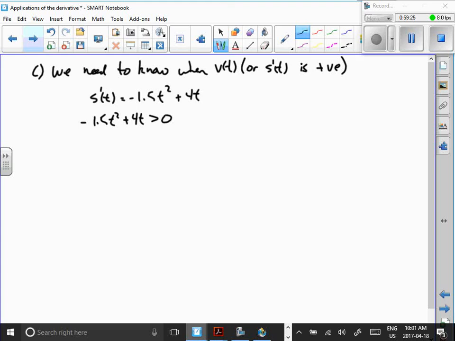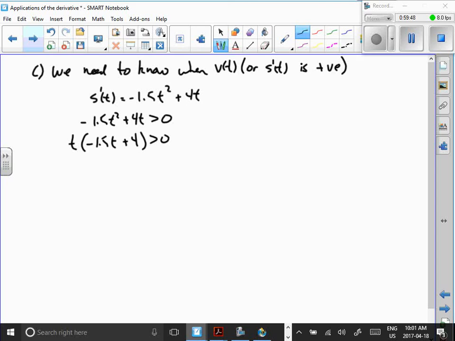We'll solve this as though it equals 0. Right? So we can factor out a t here. Okay, so we'll factor out a t, and we'll have t times negative 1.5t plus 4 greater than 0.